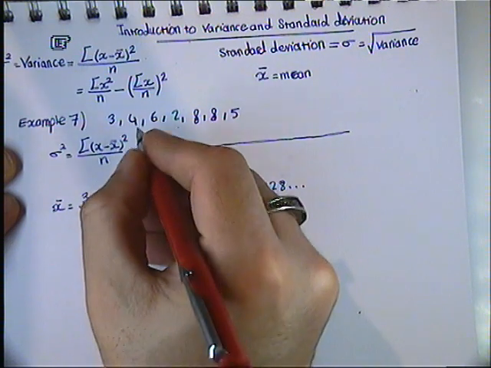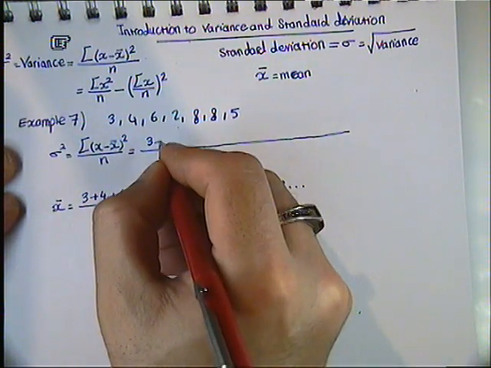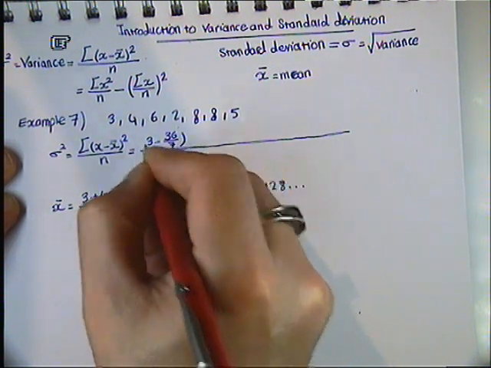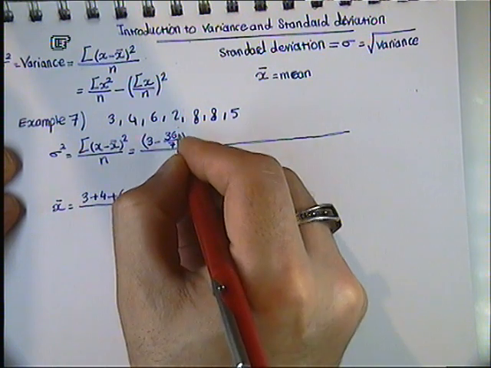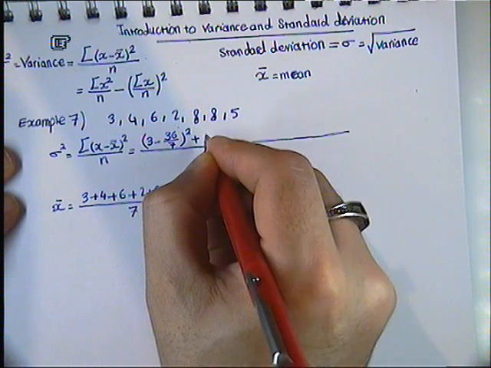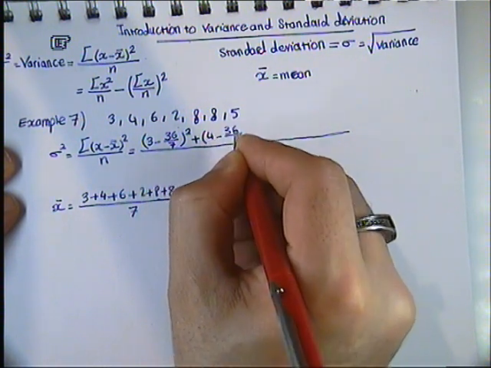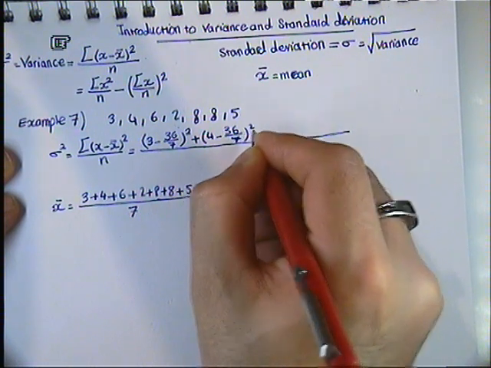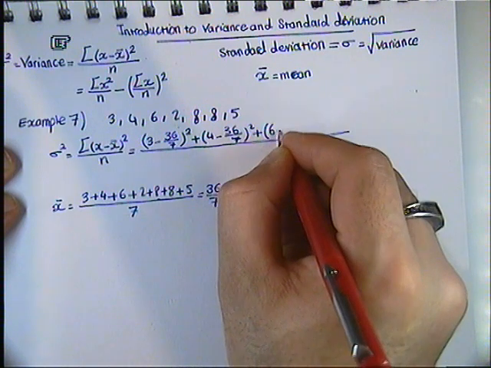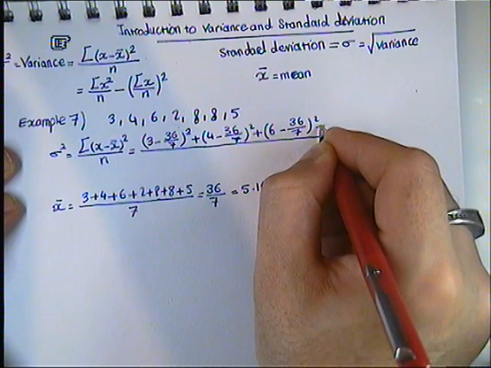So this one would be equal to (3 minus 36 over 7) squared plus (4 minus 36 over 7) squared plus (6 minus 36 over 7) squared.